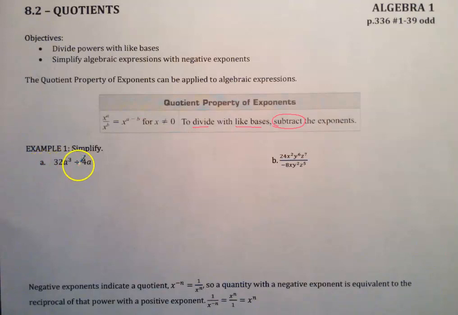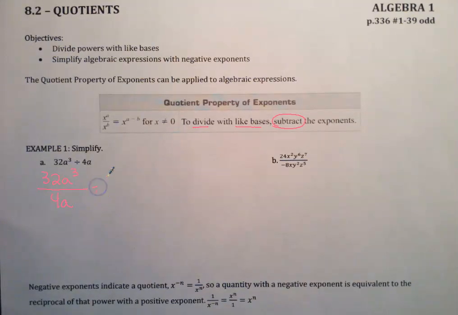Okay, example 1a, we have a division sign instead of the bar. You could rewrite it to have 32a cubed divided by 4a. Doesn't matter how you want to do that. But I want to show you why this is the case.